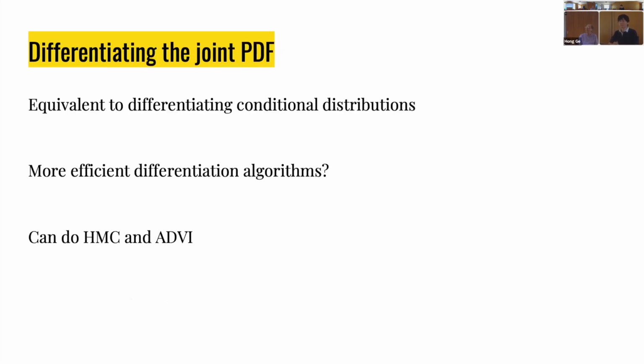One of the things that more modern Markov chain Monte Carlo algorithms need is the derivatives of the joint probability distribution. In a way, you can get those derivatives by differentiating the conditional distribution. Maybe there's more efficient algorithms which do the differentiation all at once, but doing it one parameter at a time does work.